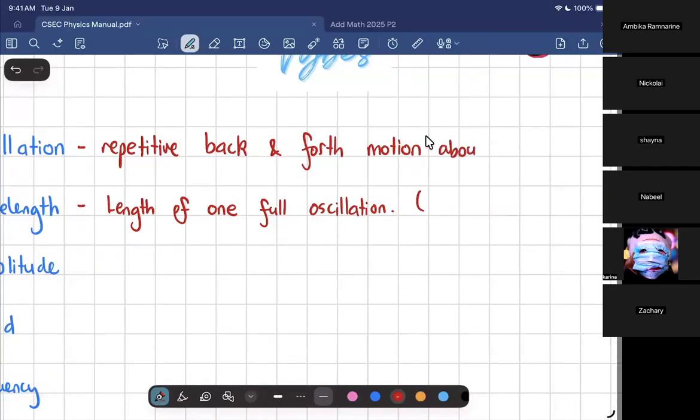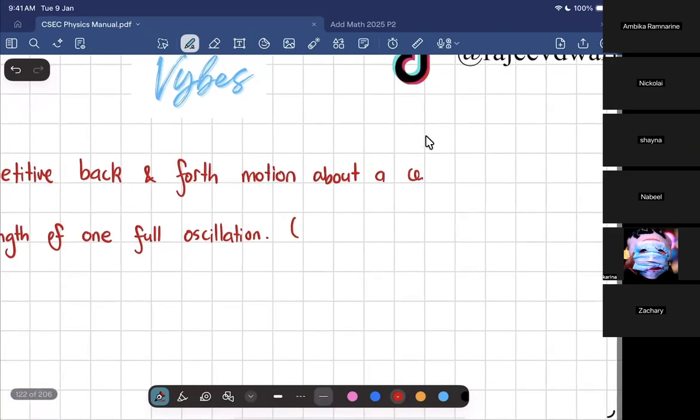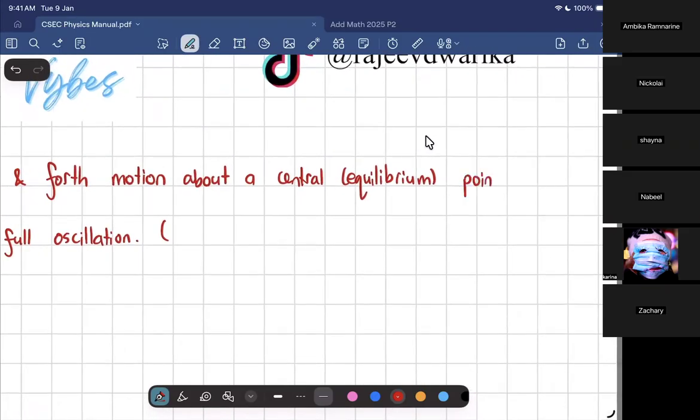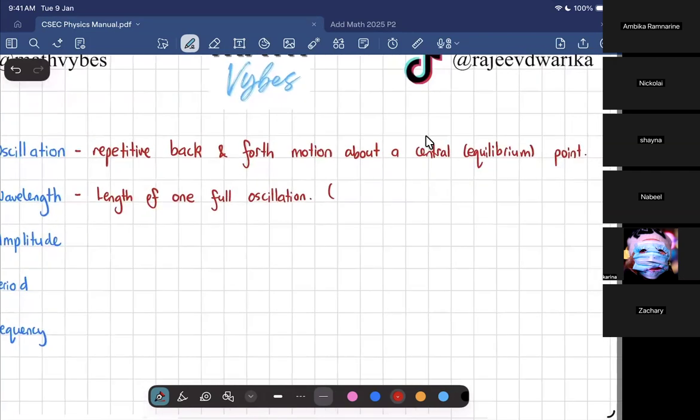Meters. Yeah, meters, right? Great. We measure this in meters.